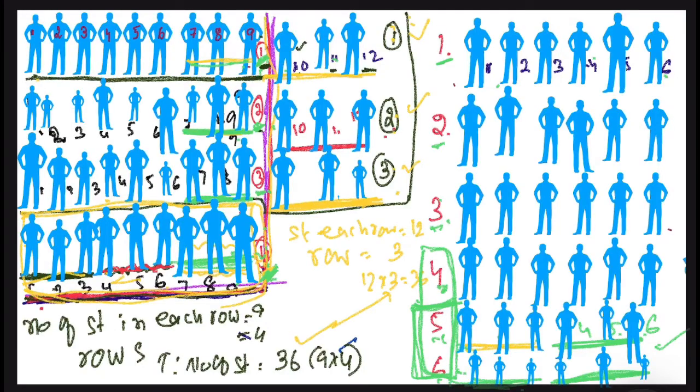So if 3 students are extra in each row, then there would be 1 row less. This row completely vanishes. This 4th row will vanish. So 1 row will be reduced. And if 3 students are removed, 2 rows are extra. This is the condition. Now we don't know how many students are there.